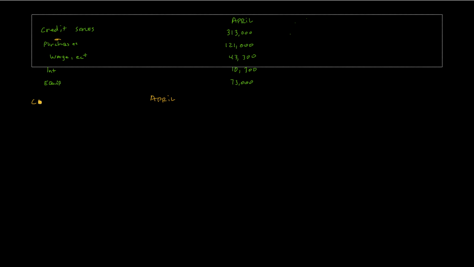Say cash receipts. They tell us that in May, credit card sales were $183,000. So we know that 45% of sales are collected month after.